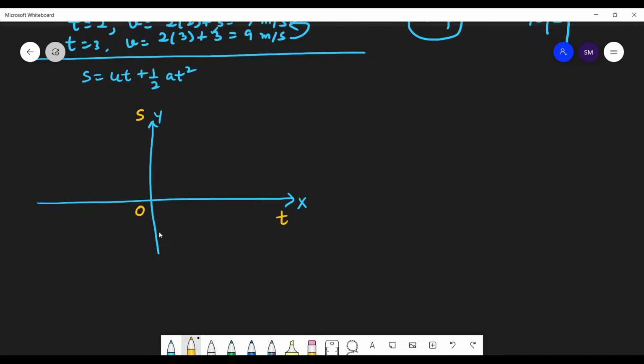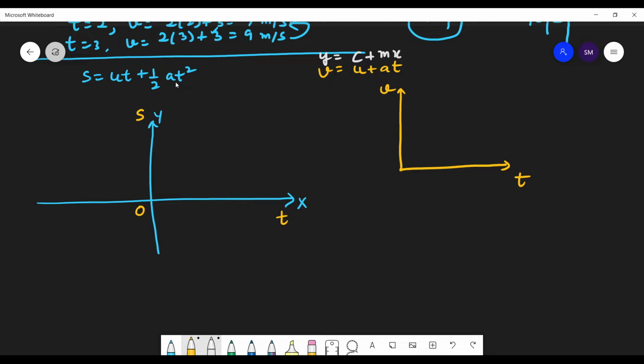See, initially you had v is equal to u plus at and you were drawing the graph between v and t. So you were comparing it with y is equal to mx plus c, right? Here, what are you comparing this graph with?